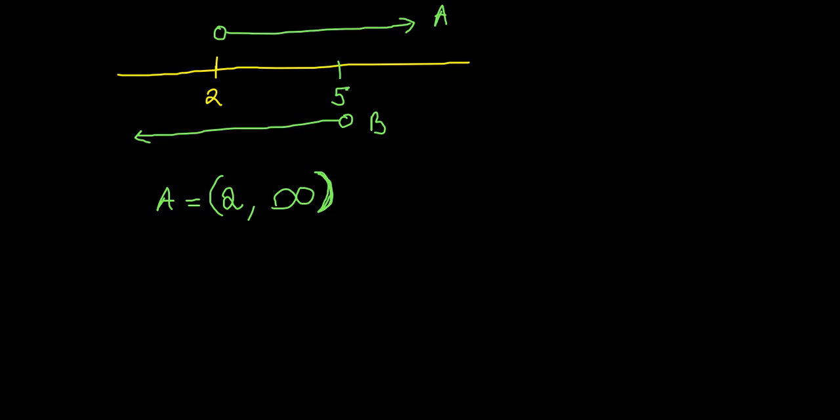If you look at set B, the small numbers are on the left and big numbers are on the right. So where the arrow is pointing, that's where the small number is. So we have negative infinity this side, because we have an arrow. We are going to small numbers, but we are not ending.